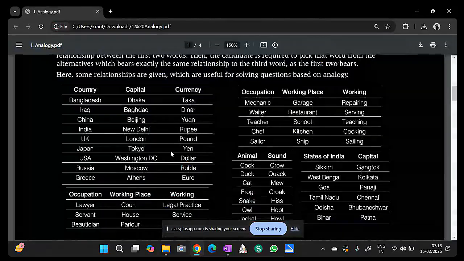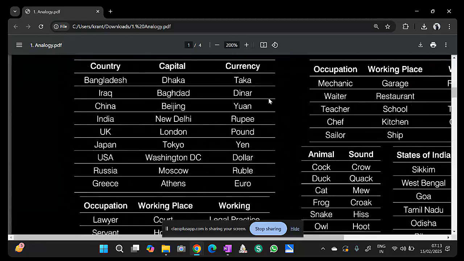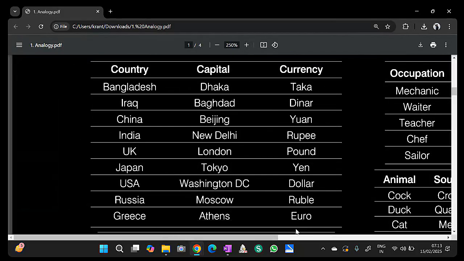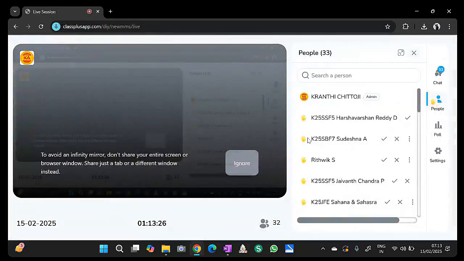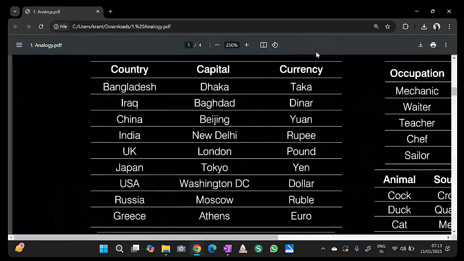I hope now you are able to see the content that I am sharing. So here you can see the country, capital, and currency. Can you see this? Harshvardhan, is the content visible to you? Sir, now I am seeing that. Yes, sir.